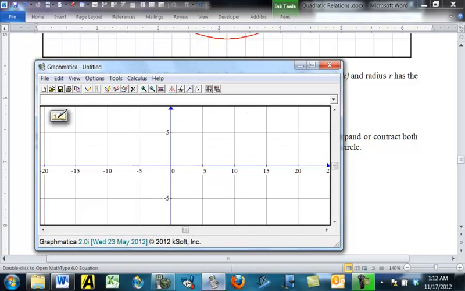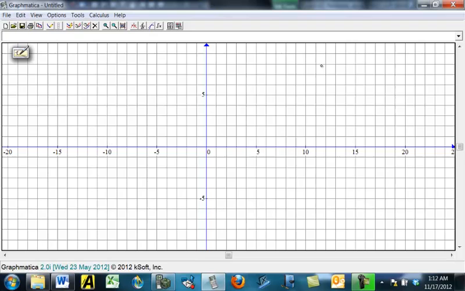So let's take a look in Graphmatica here. If I start with x squared plus y squared equals 1, this is a circle of radius 1.